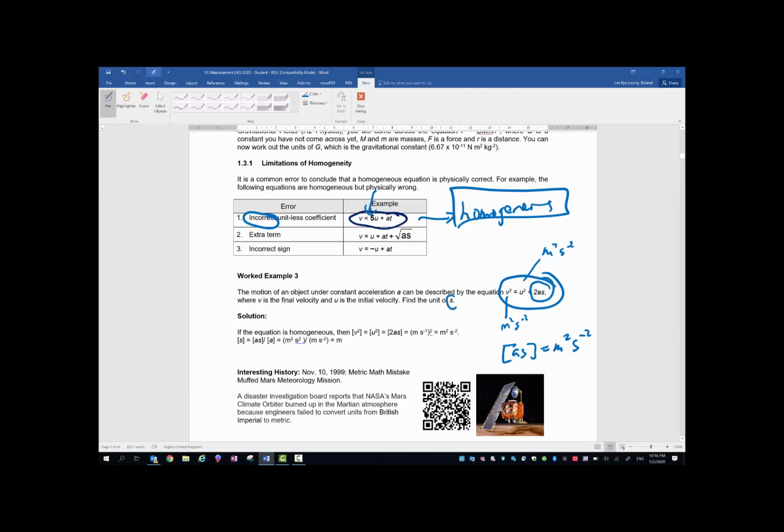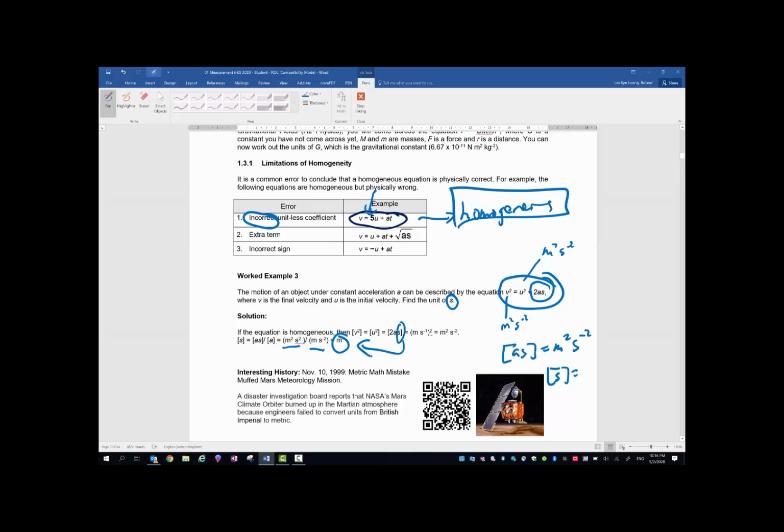They want the unit of s, so the unit of s equals meter squared per second squared divided by the unit of acceleration, which is meter per second squared. This divided by that gives you meter. So the unit of s, which is displacement, is meter.